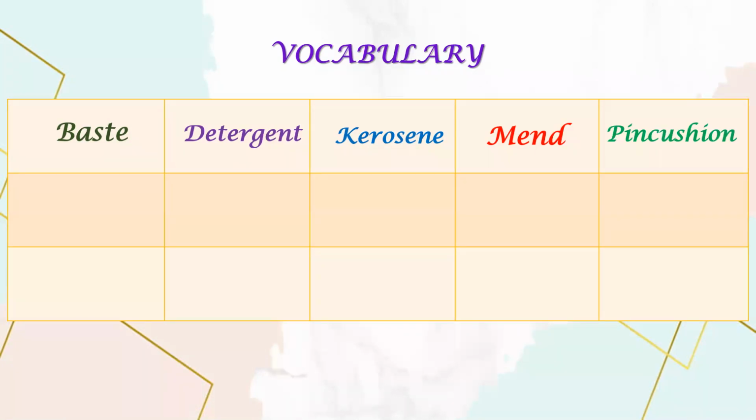It is what we call a pincushion. Another word is rust. Rust is a reddish or yellowish-brown coating formed on iron by oxidization. You will see that when iron becomes too old, it has a little rust, reddish or yellowish brown. That is what we call rust.